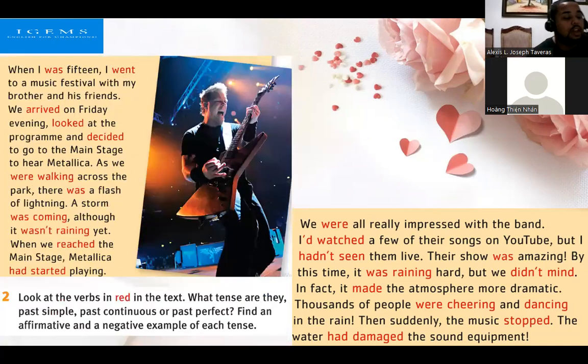So let's go on. I want you to look at the verbs in red in the text and tell me what tense they are: past simple, past continuous, or past perfect.